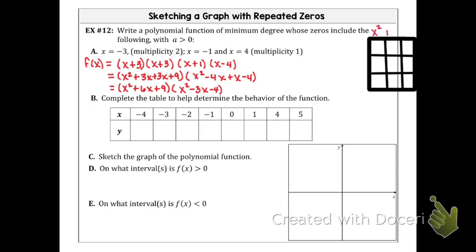So x squared plus 6x plus 9. x squared minus 3x minus 4. A little crowded here. Sorry about that.